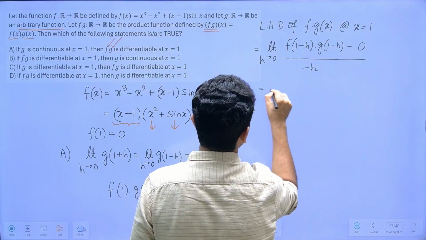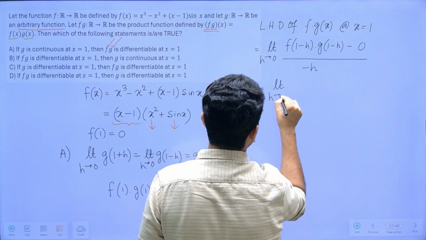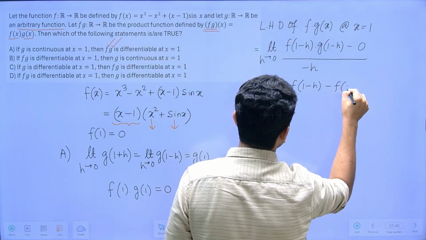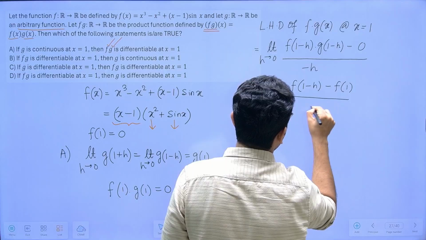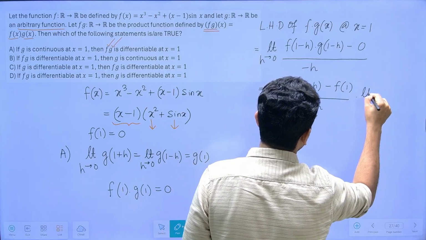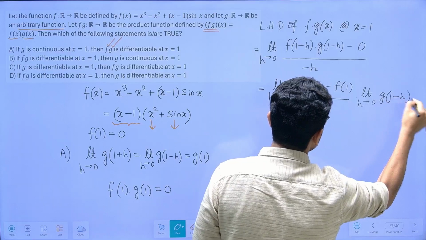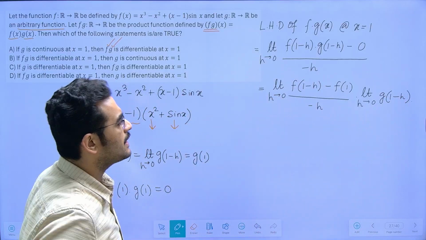So I can rewrite this limit as limit h tends to 0, f of 1 minus h minus f(1), because f(1) is 0, divided by minus h, and let me split it into limit h tends to 0, g of 1 minus h. I have split it into two different limits.